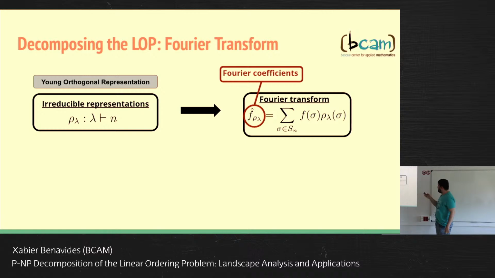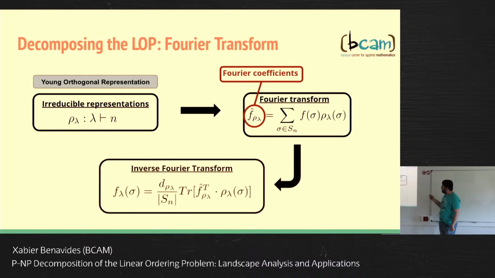So, the main difference here is that unlike in the real domain, the Fourier coefficients are not just numbers. In this case, they are matrices. So, once we compute all the Fourier coefficients, the last step is to define the functions of the decomposition using this expression right here, which comes from the inverse Fourier transform formula.